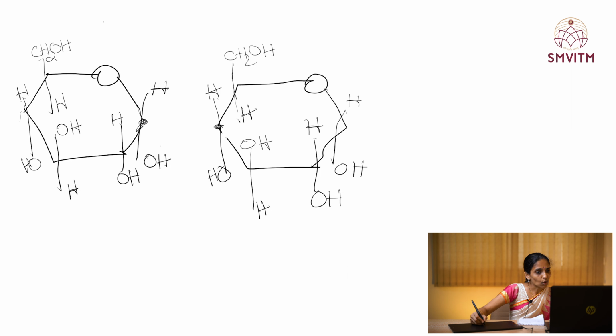So, I will remove a water molecule and form a glycosidic linkage. So, then you get maltose. Okay. So, this is how you can write the structure of maltose.